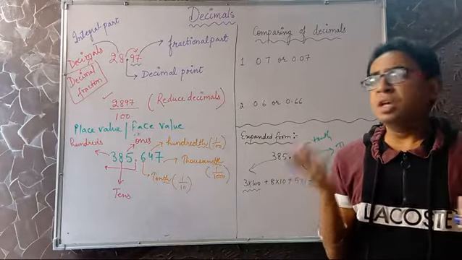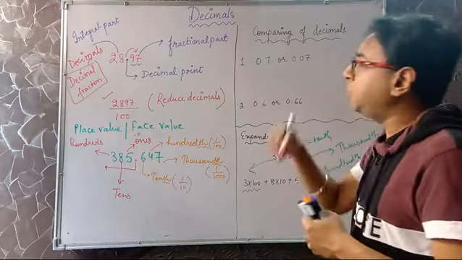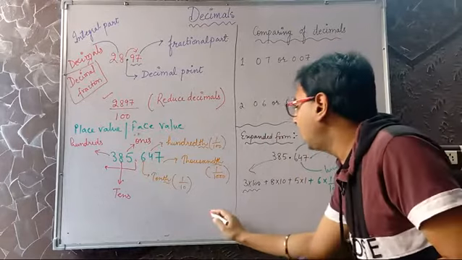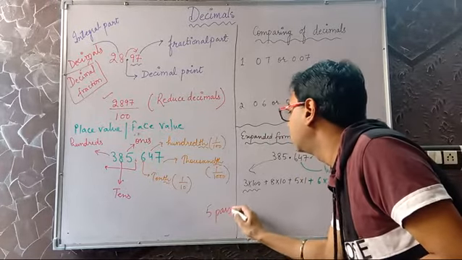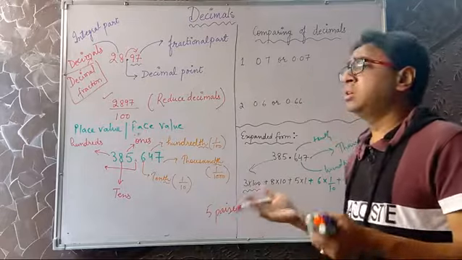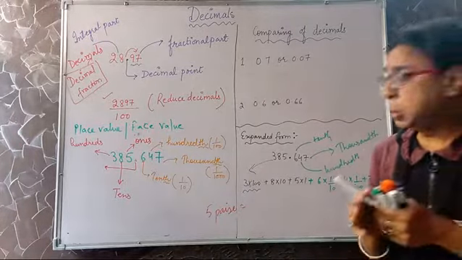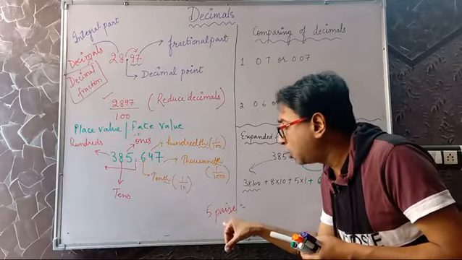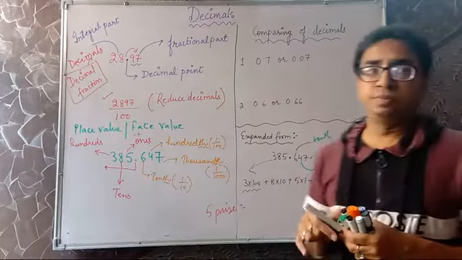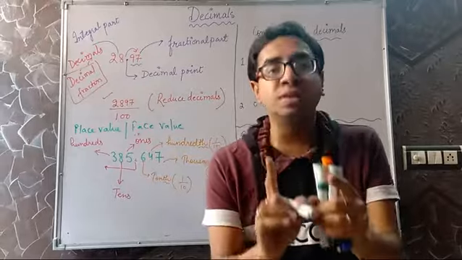There are conditions. For example, if somebody asks me to convert 5 paisa into rupees, how will you do it? You are converting a smaller to a larger value. There we use decimals.